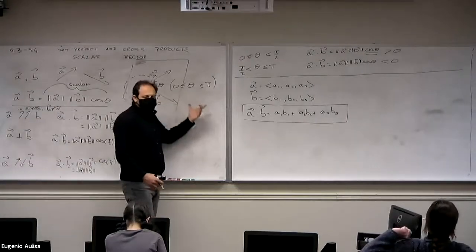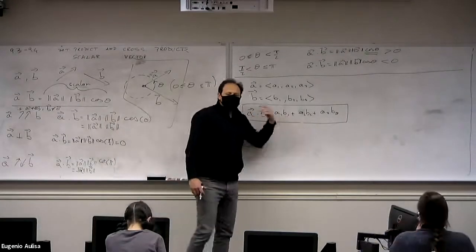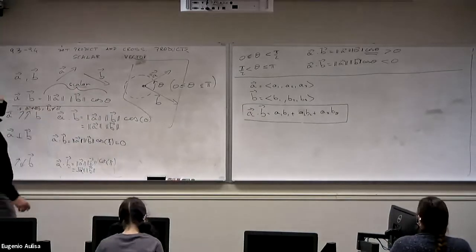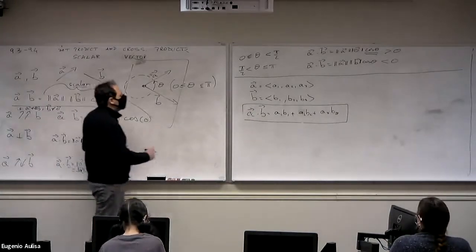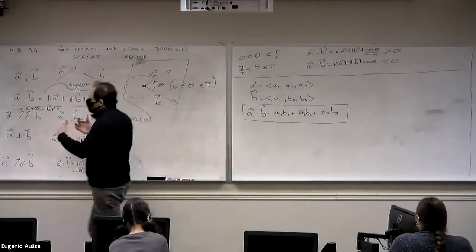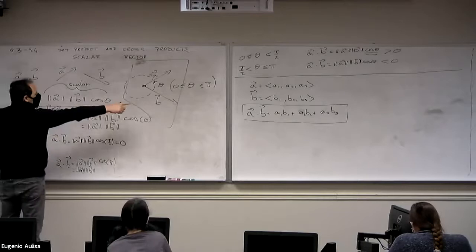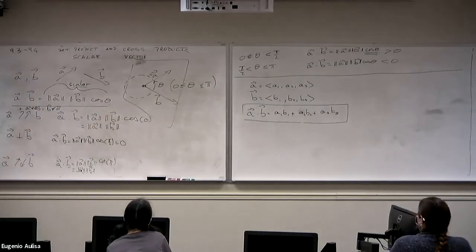And this one is very precise and very simple to compute. However, since we have this identity, there is some geometric information that we can extract from it. We are going to see a couple of problems.